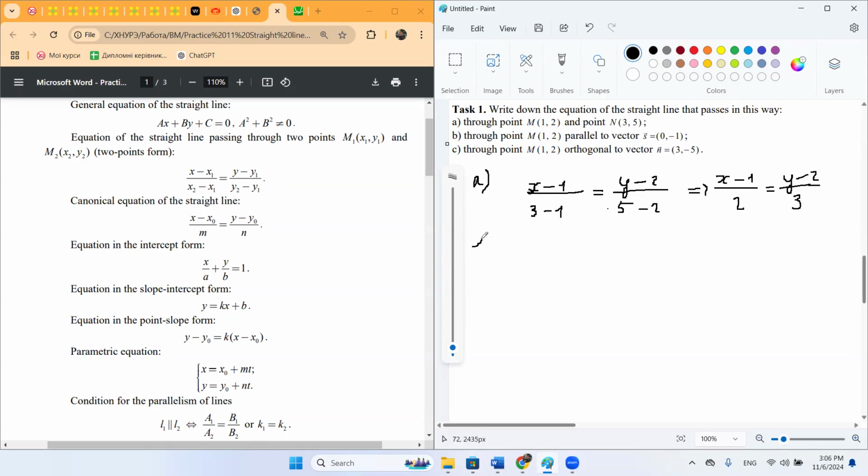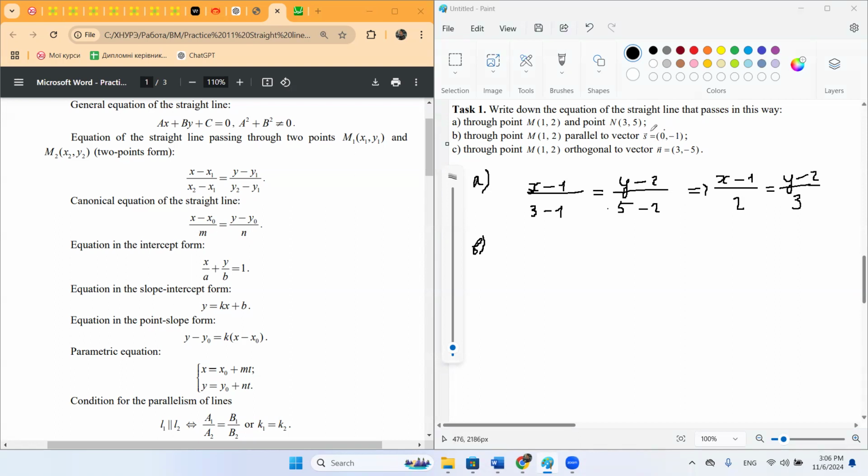Okay, part B. Write down the equation of the line that passes through the point M and is parallel to vector S. Which formula to use here? Canonical equation, right. So we know the direction vector.